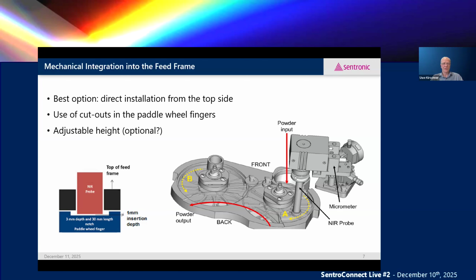In the early installations, usually micrometer screws were used to adjust the position of the probe to play with the height of the installation. It is questionable if it's still necessary. We think that once the process is understood, it may not be that relevant anymore to keep that flexibility.